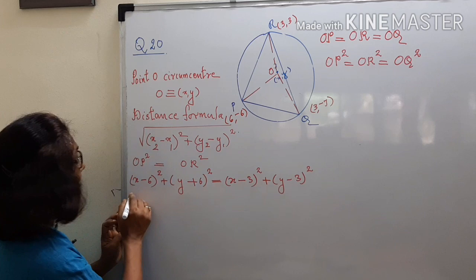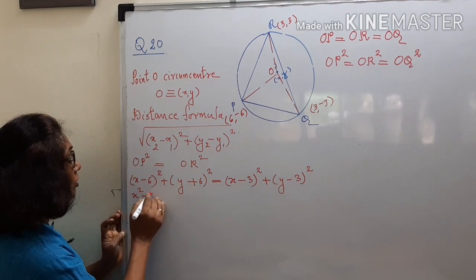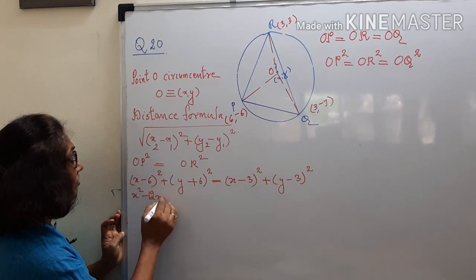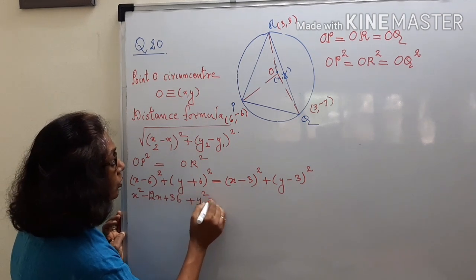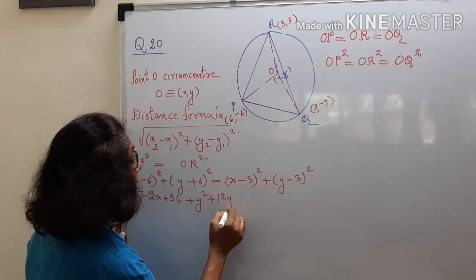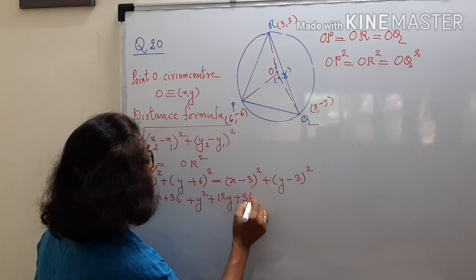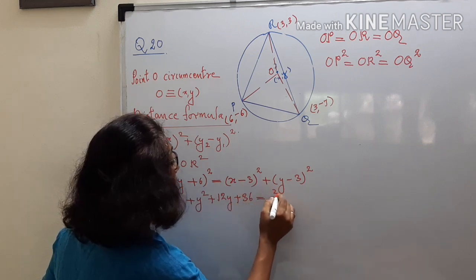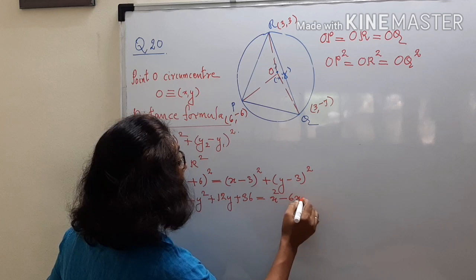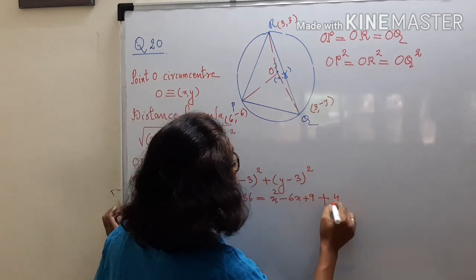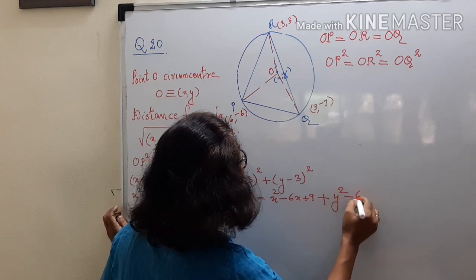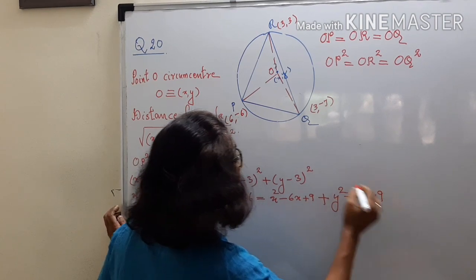I expand it simultaneously. X square minus 12x plus 36 plus y square plus 12y plus 36 becomes equal to x square minus 6x plus 9 and y minus 3 square is y square minus 6y plus 9.